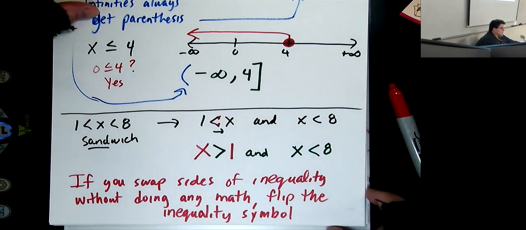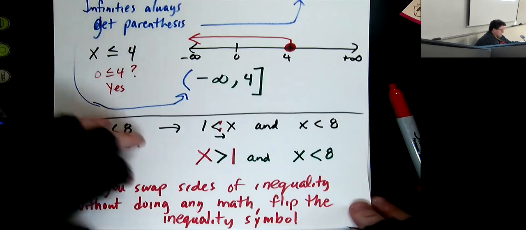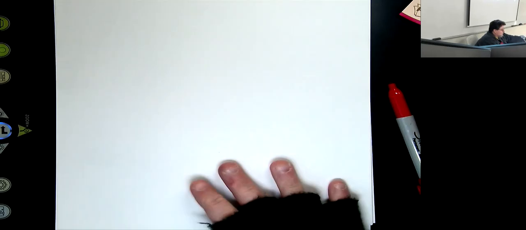There's one other type of inequality and interval notation we have, which is when we have 2 different regions that work. So let's say this comes along when we have an or.